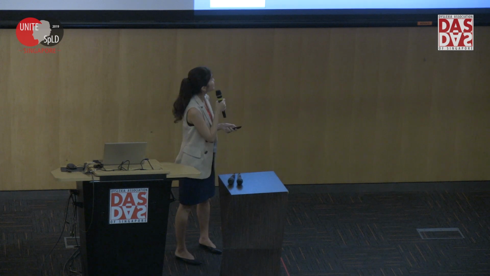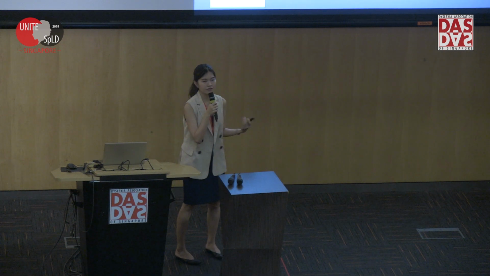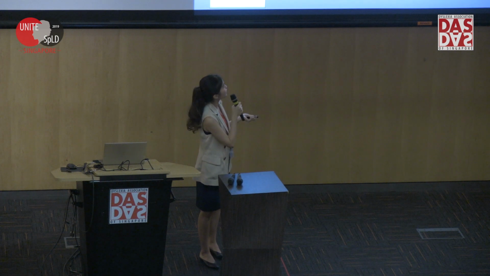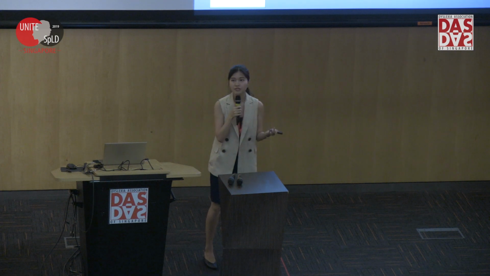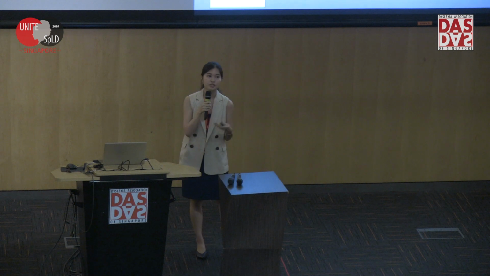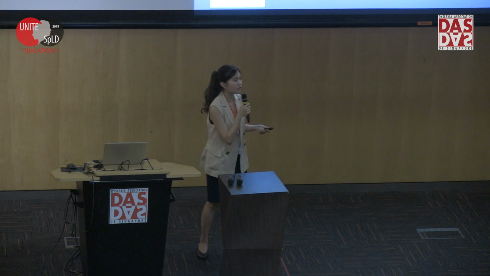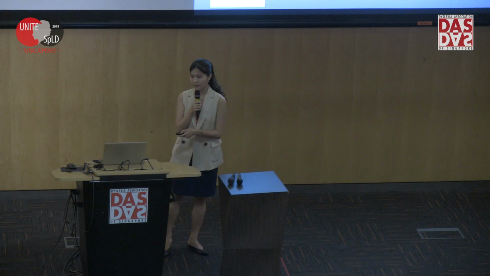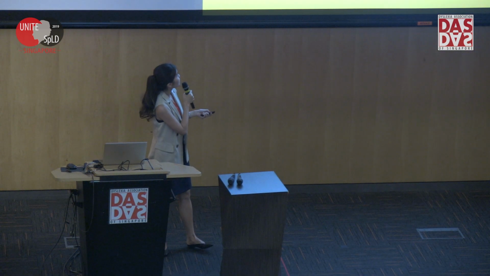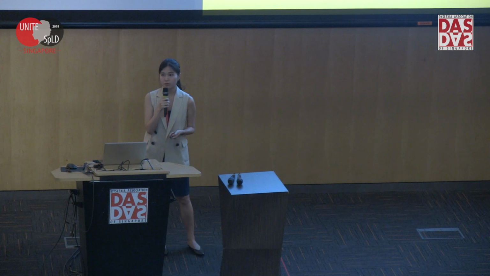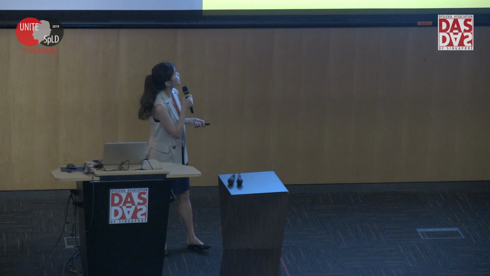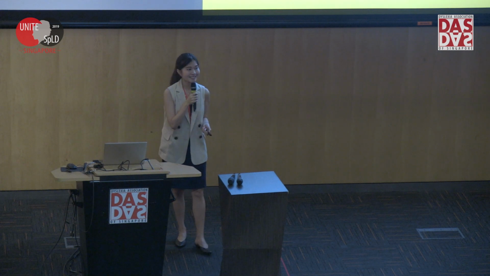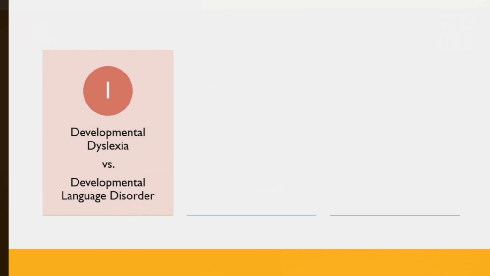Okay, so I will be giving you all some background information about this topic, followed by introducing to you my research questions, my methods, and finally sharing with you all my results from this study. Just a quick overview of what I'll be covering for the background information. Firstly, I'll be talking about the relationship between dyslexia and developmental language disorder.